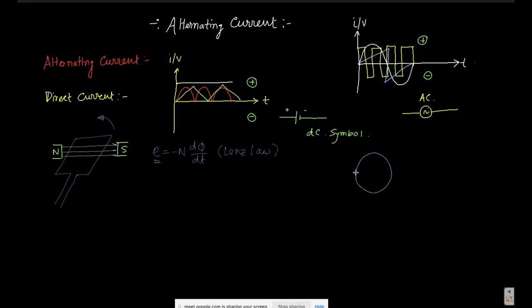So how can current flow? If a charge is displaced, that is, if a charge rotates anti-clockwise, then you can say that the current is flowing, and the path along which current flows is denoted by a signal.